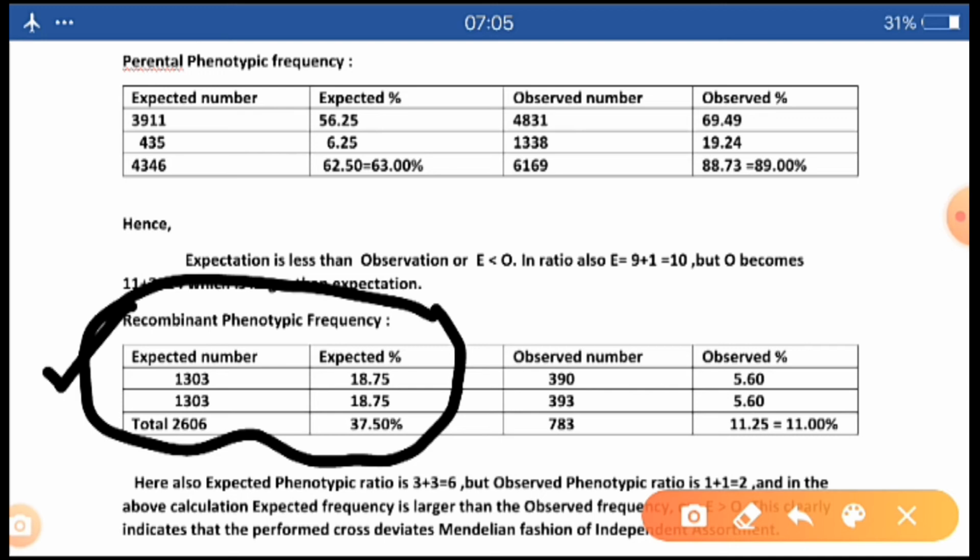But it is again deviated. Here the observed number is quite less than the expected number, and the numbers are 390 and 393. That is, purple round and red long, these recombinant characters, appeared as 390 and 393 respectively. So here E is greater than O.